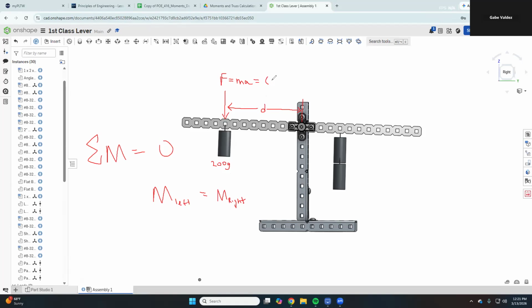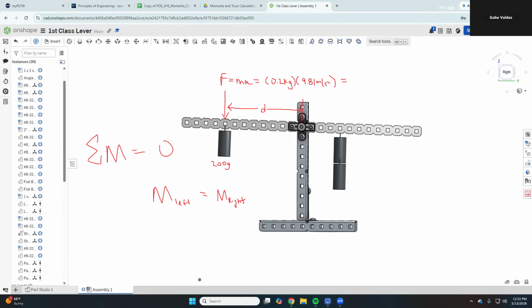So 0.2 kilograms times acceleration due to gravity, which is 9.81 meters per second squared. And when I multiply these two together, I end up getting my force in newtons. Okay, so this is roughly 10. This is 0.2, so this should be about 2 newtons here.